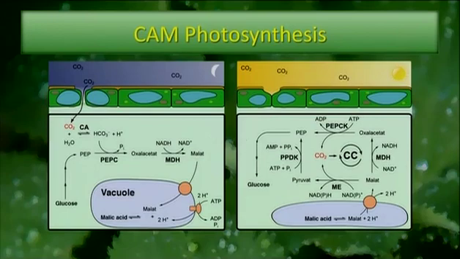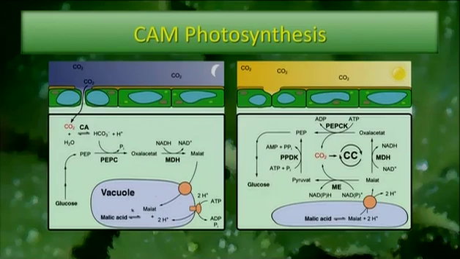So you actually have a separation in terms of time for CAM photosynthesis, whereas in C4 photosynthesis you have a separation in location, between the bundle sheath and the mesophyll cells. So during the night, carbon dioxide comes in. This is when the stomata are open. So PEP is actually joined to carbon dioxide to form oxaloacetate that forms malate, and that's stored in the vacuole of the plant.